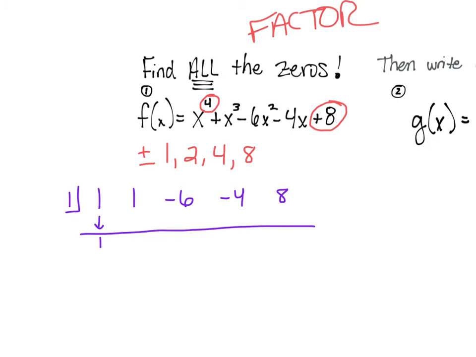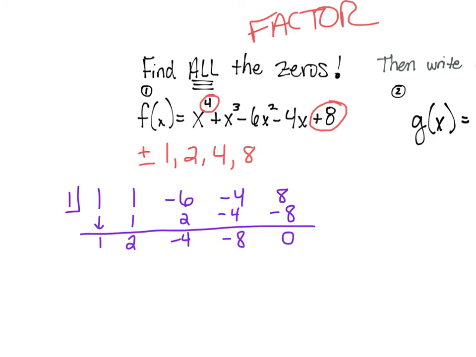You bring down that first number, and then 1 times 1 is 1. 1 plus 1 is 2. Multiply to the corner. 2 times 1 is 2. Negative 6 and 2 is negative 4. Negative 4 times 1 is negative 4. Negative 4 and negative 4 is negative 8. Negative 8 times 1 is negative 8. And then 8 and negative 8 is 0. So what did you guys just prove to me?